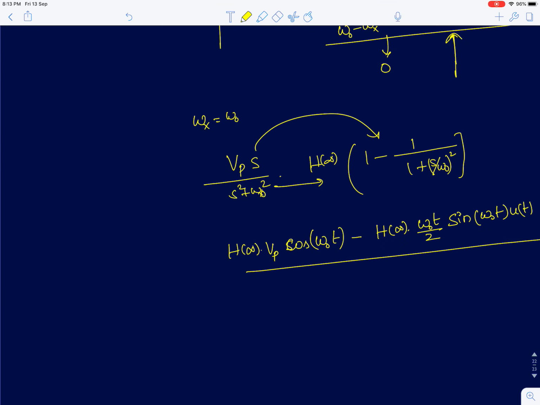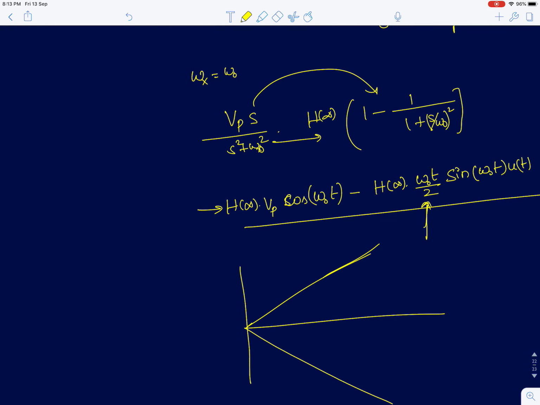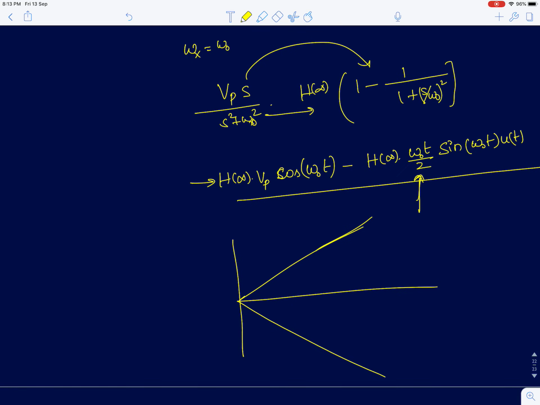So here as well, you would get this term here. Now again, you can see this function here starts off as a linearly increasing function, but it starts at 0. At t equal to 0, it starts at 0, and then it goes off as an increasing sine wave.